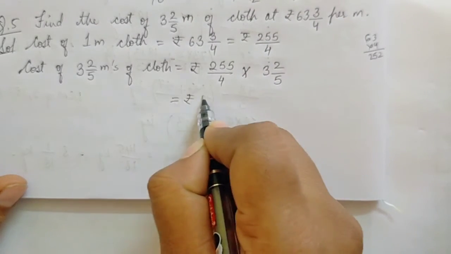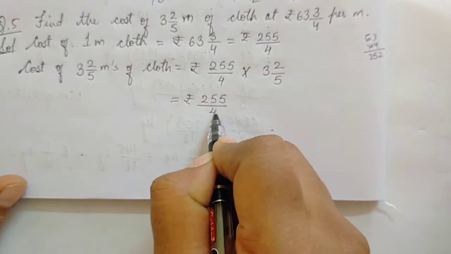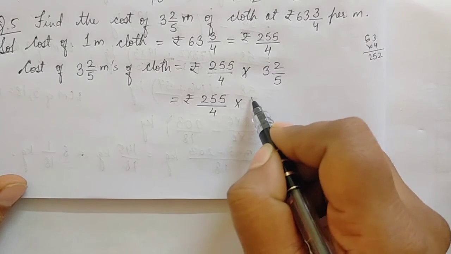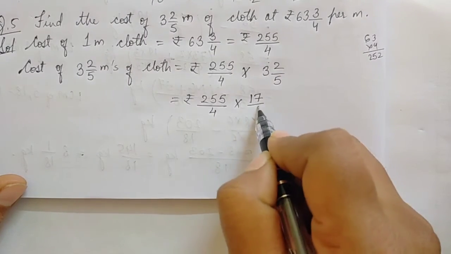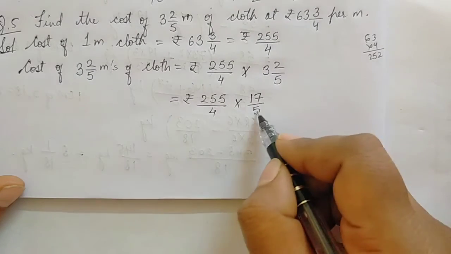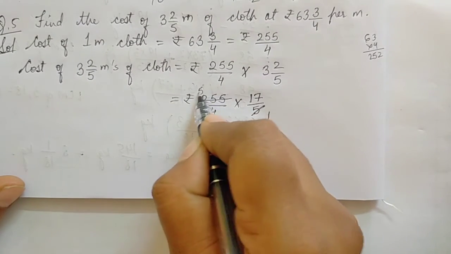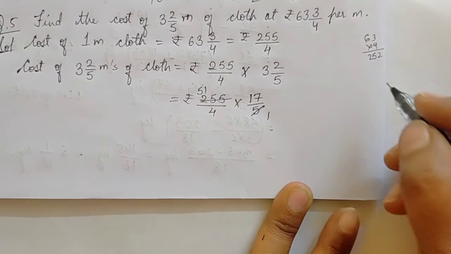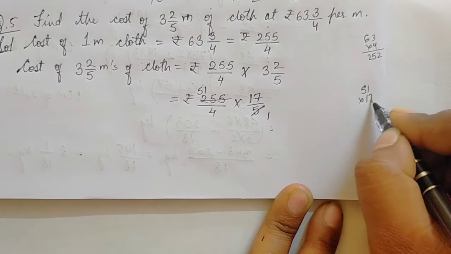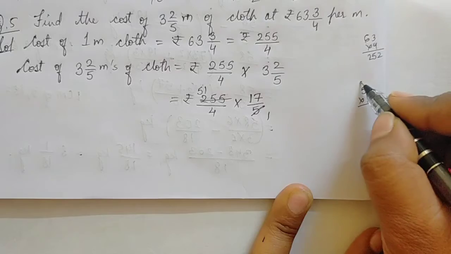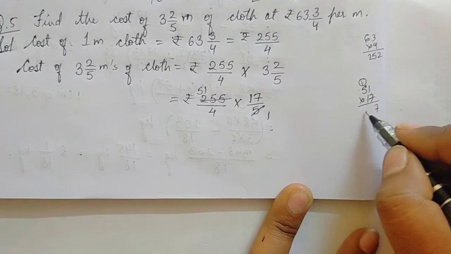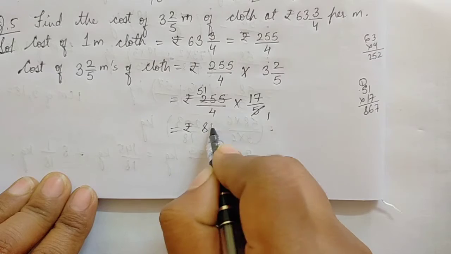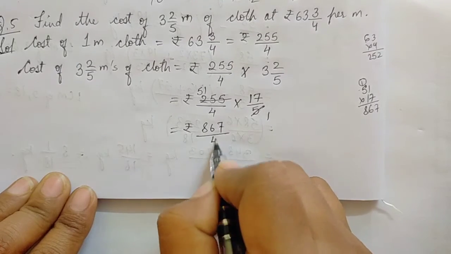So it is rupees 255 upon 4 into 5 3s are 15, 15 plus 2 is 17, 17 by 5. So we can cancel, 5 ones are 5, 5 51s are 255. Now multiply 51 into 17. 17 ones are 17, 17 5s are 85, 86, and 7, 867 by 4.